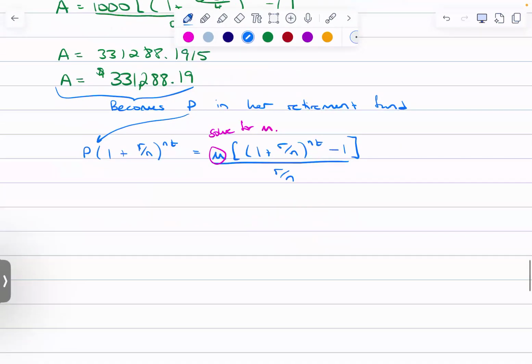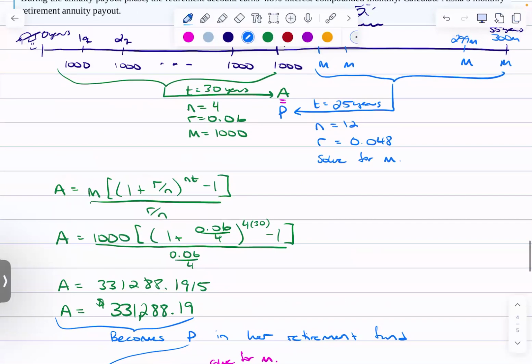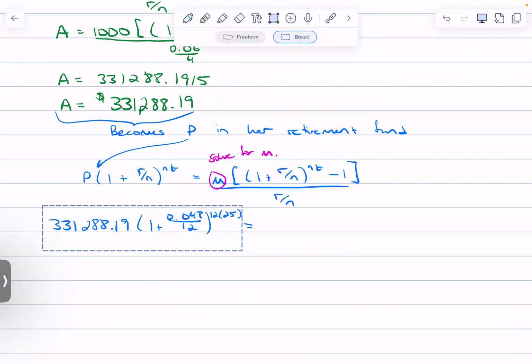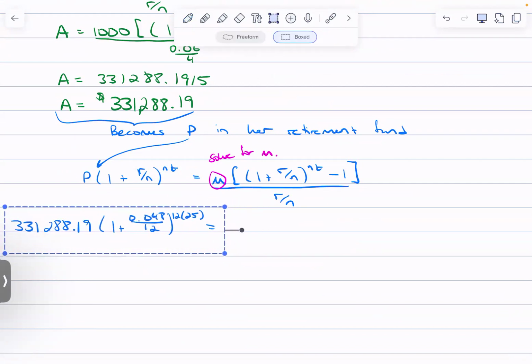Okay. 331,288.19 times 1 plus 0.048 over 12. Let me just confirm. 0.048 divided by 12, yeah. 12 times 25 years. It's over. Trying to stack my equal signs, but it's hard.